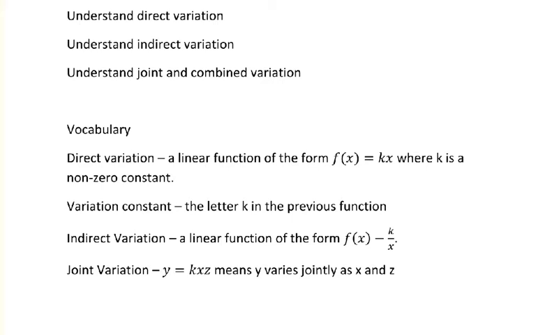It's a direct relationship in their variation. And k, that non-zero constant, we refer to as the variation constant. So remember, a constant is a number. It is not a variable. And with variation, you can't have it be 0.